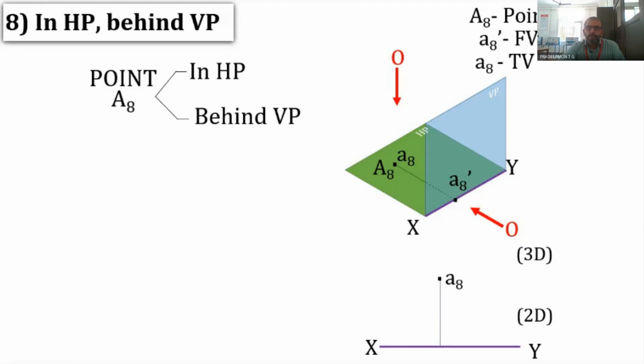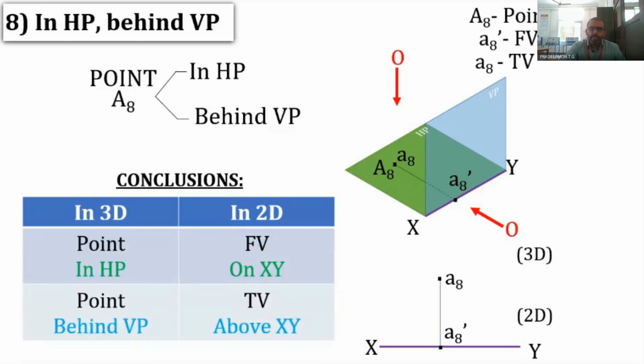So the distance of the top view A8 from the XY line will be equal to the distance of the point A8 from VP, and A8 dash will be lying on the XY line. So the conclusions, in 3D, the point is in HP. So in 2D, the front view will be on XY, and in 3D, the point is behind VP, and in 2D, the top view will be above the XY line.